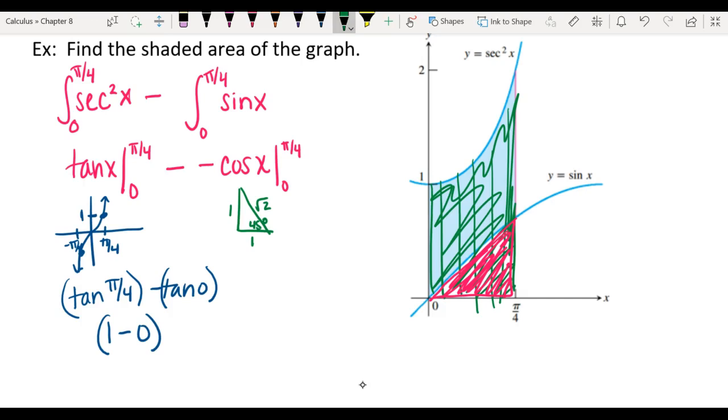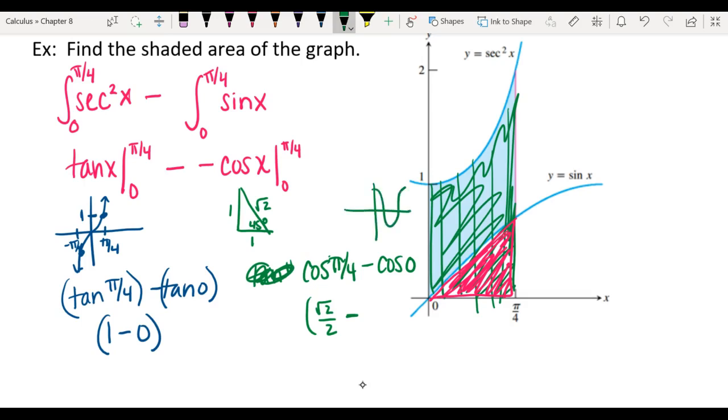So cosine of pi over 4, you get square root of 2 over 2 minus cosine at 0, which I use the graph for. What's cosine at 0? 1. Cosine is adjacent over hypotenuse, so that gets you that. Then you multiply top and bottom by square root of 2, so you get square root of 2 over 2 from that.